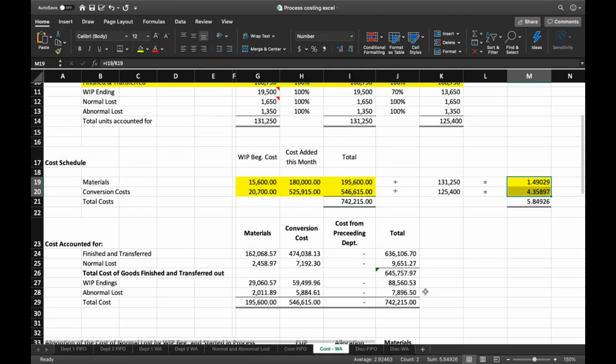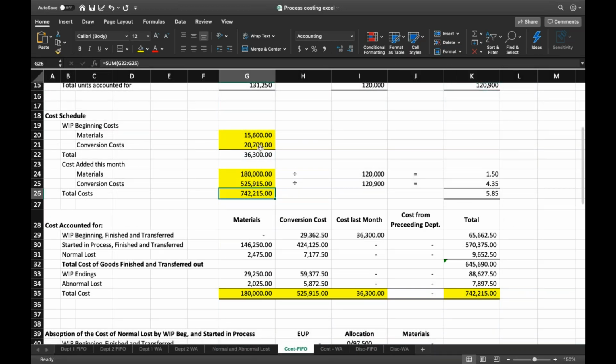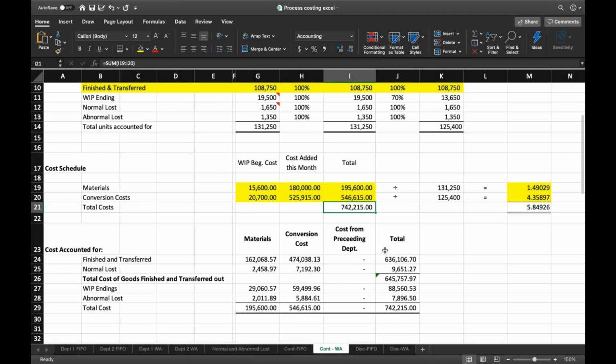So, let's account for the total cost, 742. Hindi lang cost incurred, including the previous cost, 742. And that is the same cost na in-account natin kanina, 742. Beginning and cost incurred for this month. Okay?